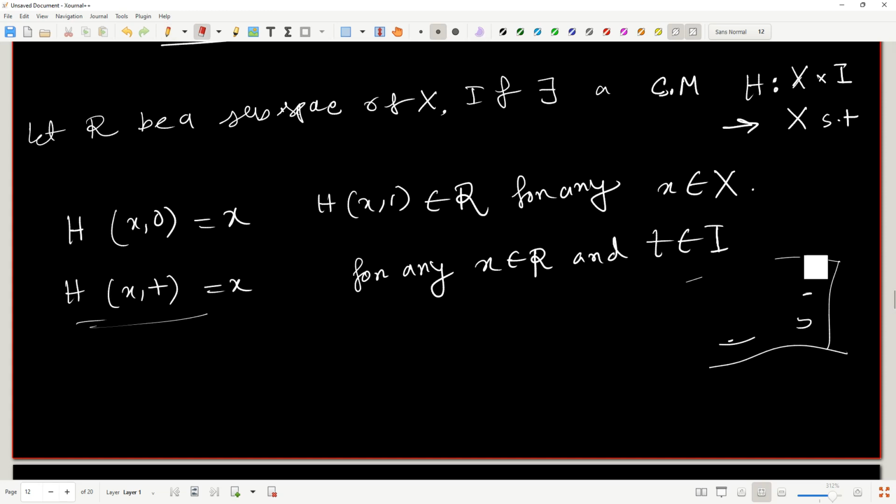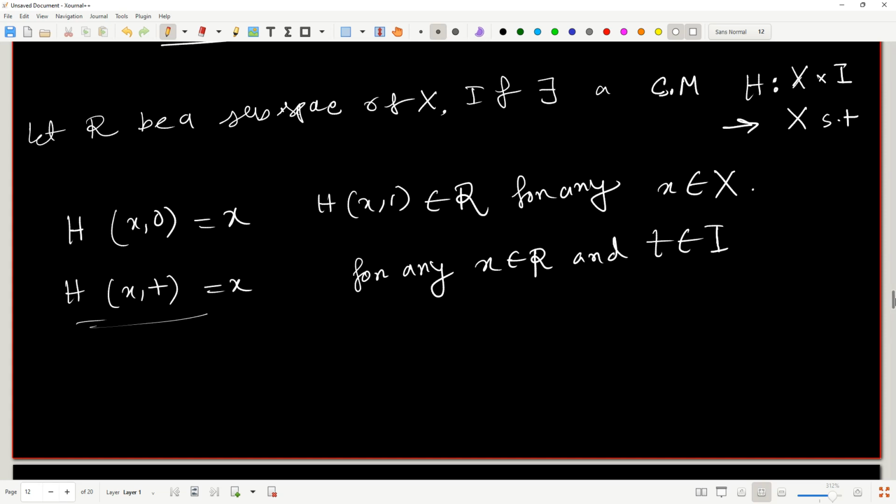It's a bit hard to visualize, but mathematically it makes more sense. So this is a deformation retract, and that's the essential difference between deformation retract and just ordinary retract, where the retract itself is just a function or a mapping which is also continuous. The deformation retract is a continuous family of continuous deformations.